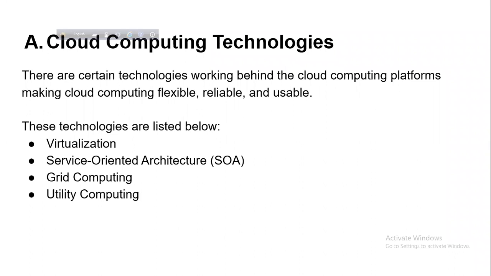Virtualization makes our cloud computing as prominent as we see today. Another is service-oriented architecture, SOA. Then grid computing, and another one similar to grid computing is cluster computing. I don't know whether you have heard the name cluster computing, but it is very similar to grid computing. And another is utility computing.